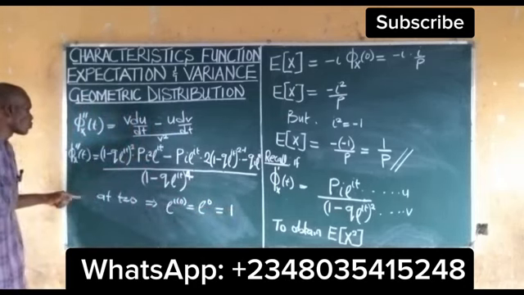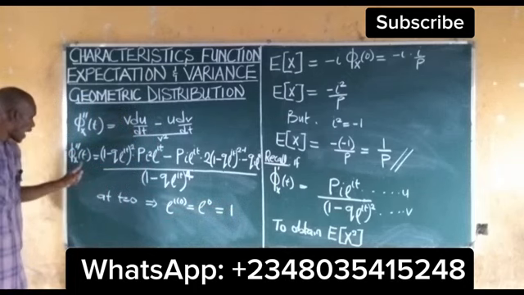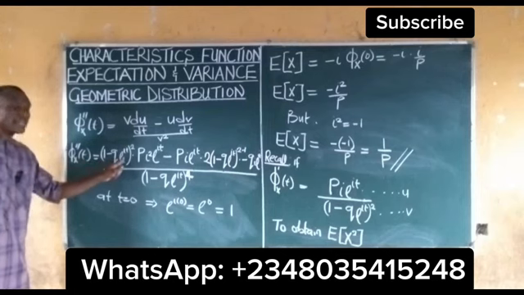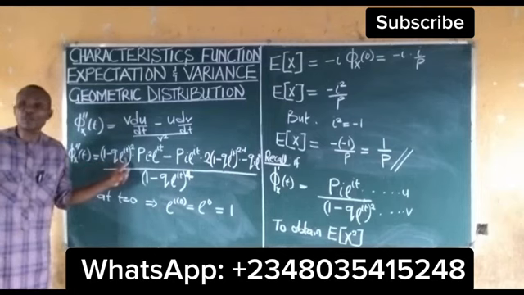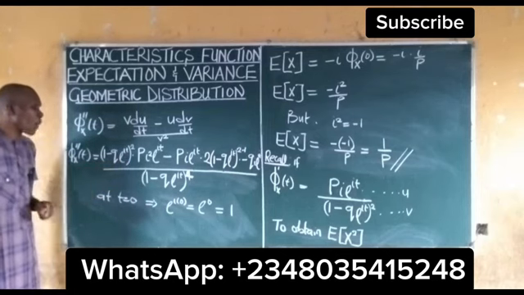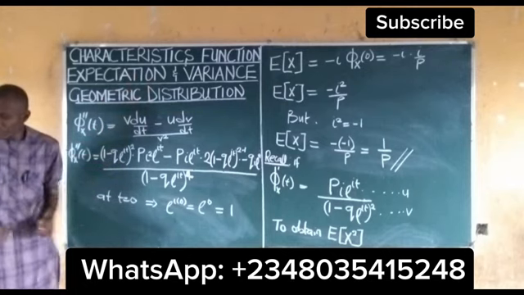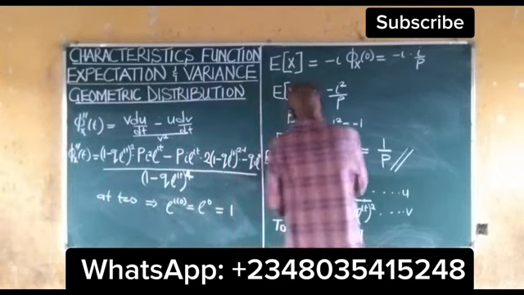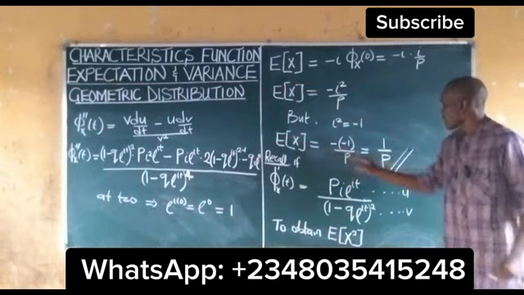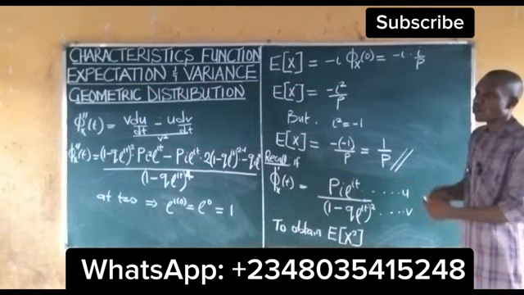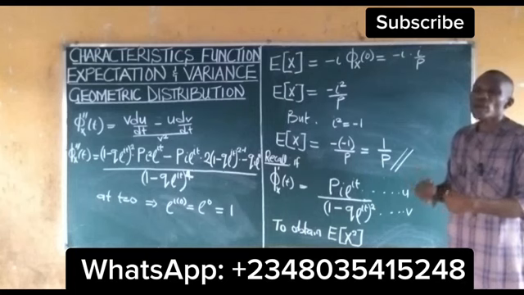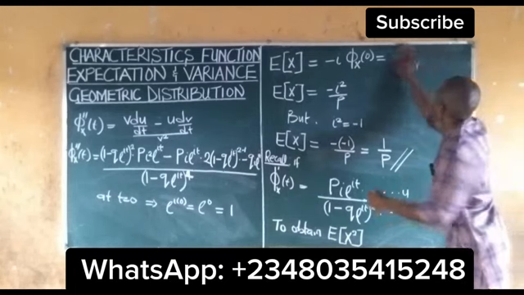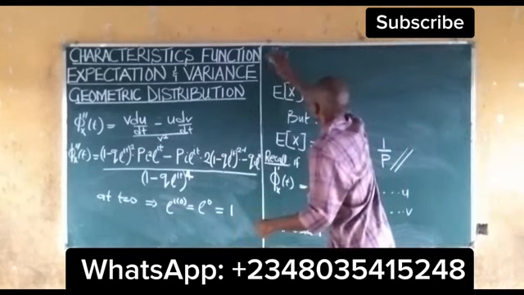So the next thing to do is to substitute at t is equal to 0. Anywhere we see the exponential function, it turns to 1. We should not forget that our expected value of x is equal to 1 all over p, because we recall it for when we are looking for our variance. So we move over to this other side of the board.